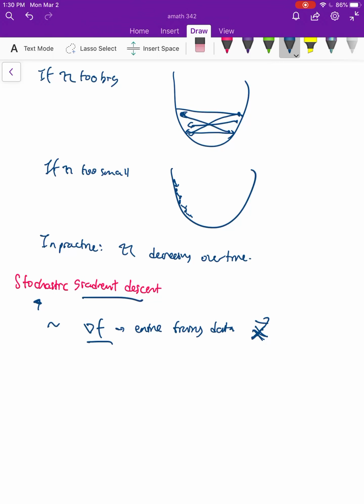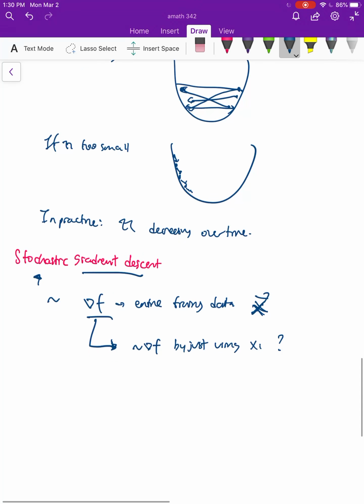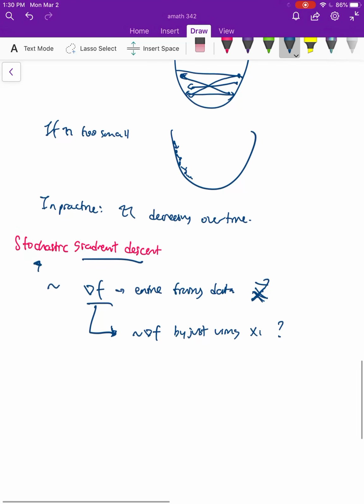So stochastic gradient descent says, well, this is too expensive to compute. Why don't we just approximate the gradient of f by using one data point at a time? Let me write that down. Stochastic gradient descent says you will estimate the true gradient by a gradient from one sample.